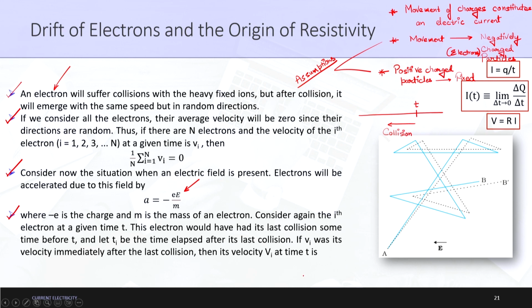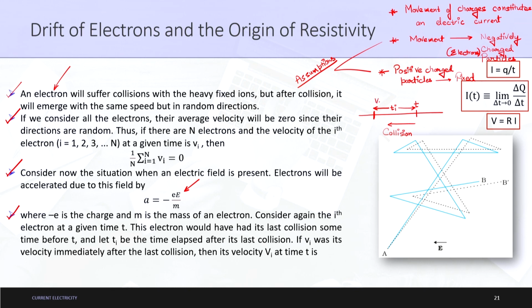Okay. And let ti be the time elapsed after its last collision. So let us say I am denoting that this was the point at which the last collision happened, and let us say this is the time ti. Okay. So if Vi was its velocity immediately after the last collision, then what would its velocity capital Vi at time t be?